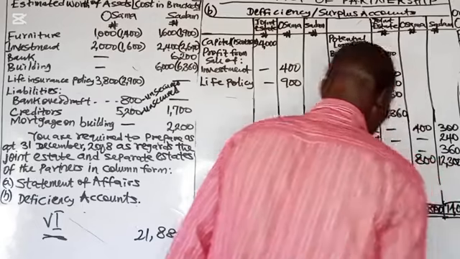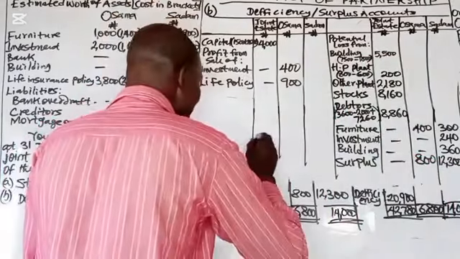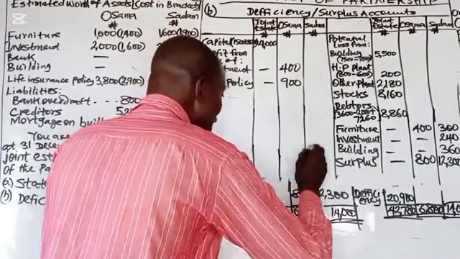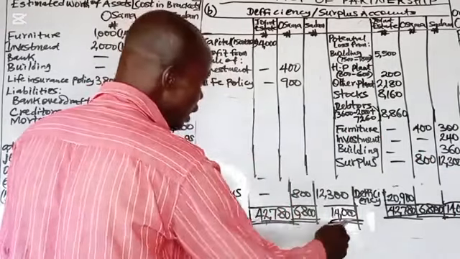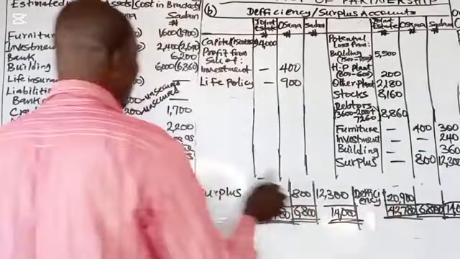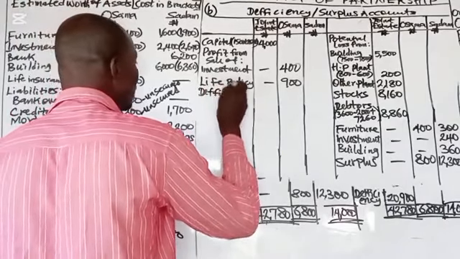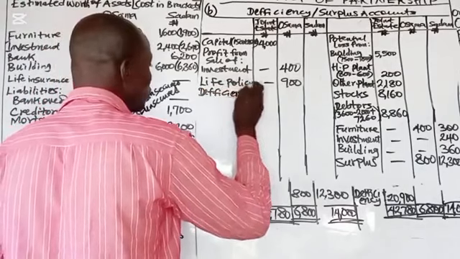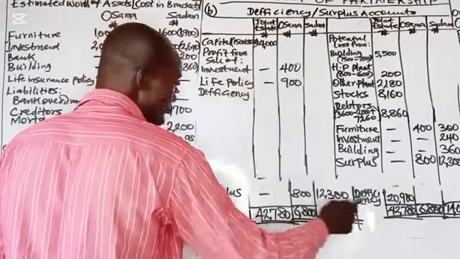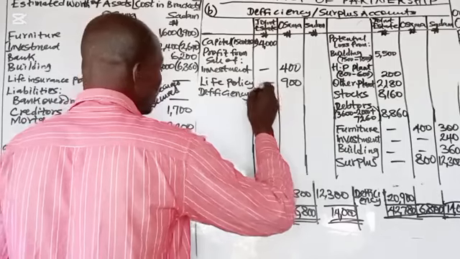In the joint estate, we have deficiency of 20,900. Deficiency, as per statement of affairs, 20,900.